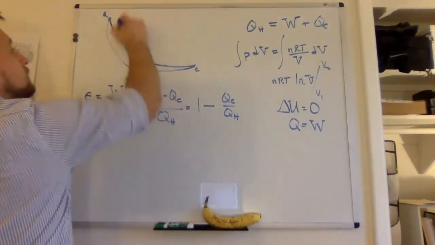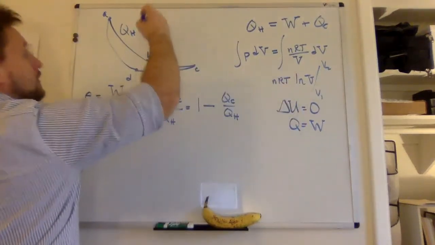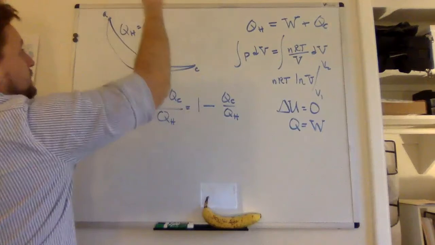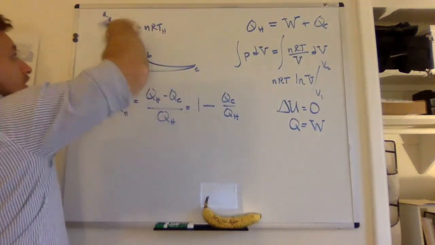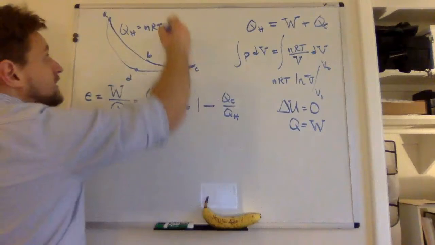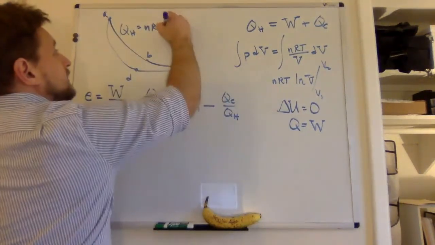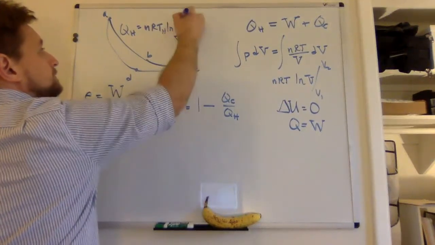So here we know QH is nRT hot, I guess, the temperature at which our initial investment is made. We know that it's all one temperature because it's isothermal. ln of V2 over V1.